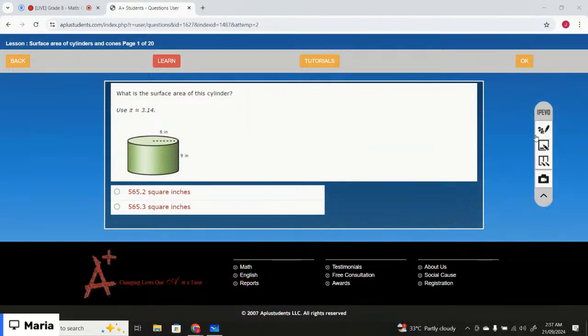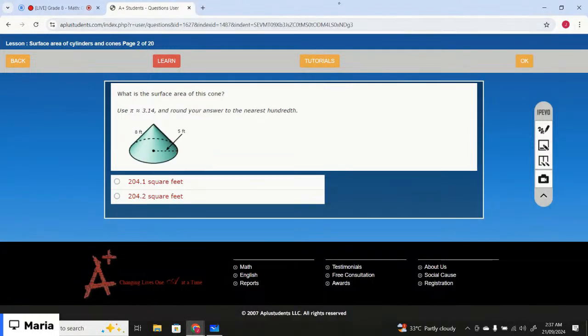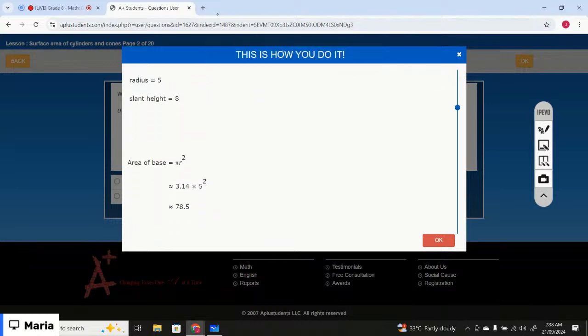Okay, the next question is again the same. You have to find the surface area of the cylinder. Oh, that is cone. You have to find the surface area of the cone, right? The cone has two faces, the base and the top one. So the first thing you need to calculate here is the area of base, because the base is a circular face. So you have to use the formula pi r square. Then you have to find the lateral area.